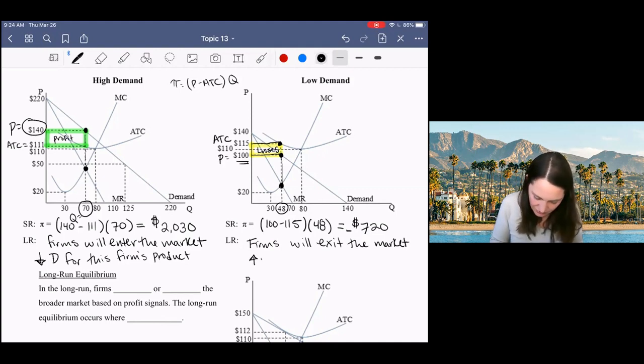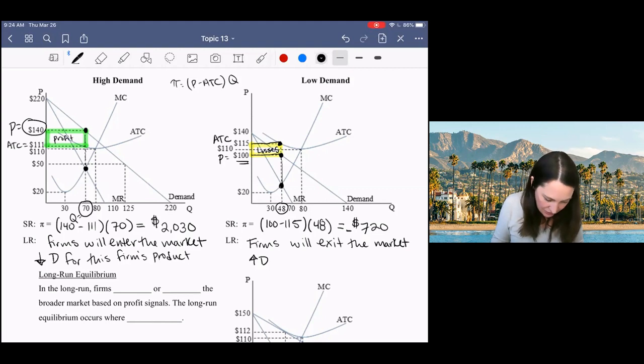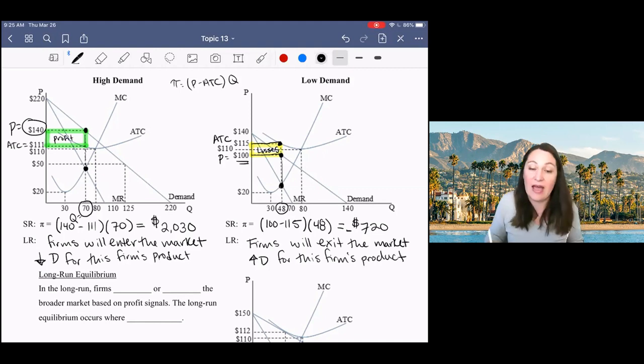That's going to increase demand for the products produced by the firms remaining in the market, right? So if some of your competitors go out of business, then more people are going to buy your product. So that'll increase demand for this firm's product. And that means that since demand is increasing, we're going to sell more, we're going to be able to charge a higher price, and that's going to increase profits.